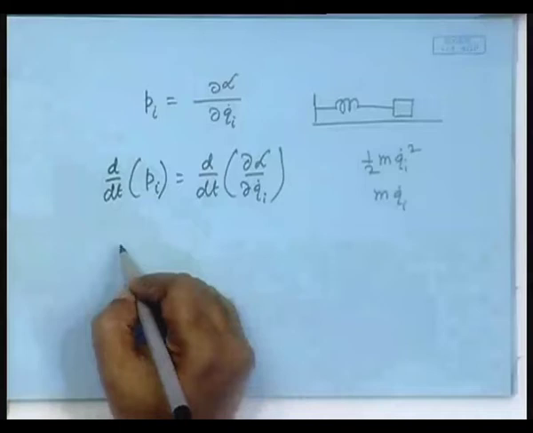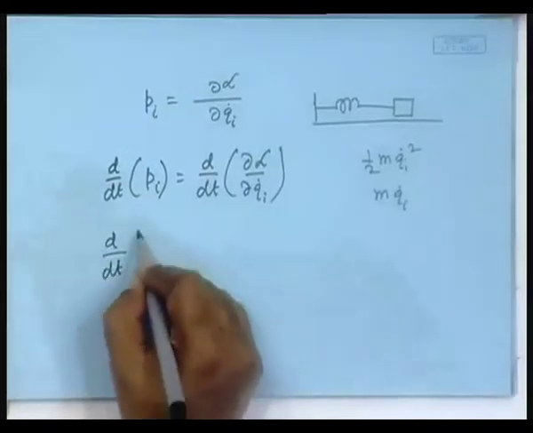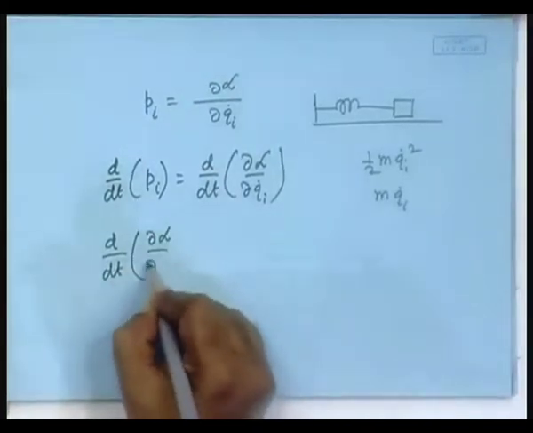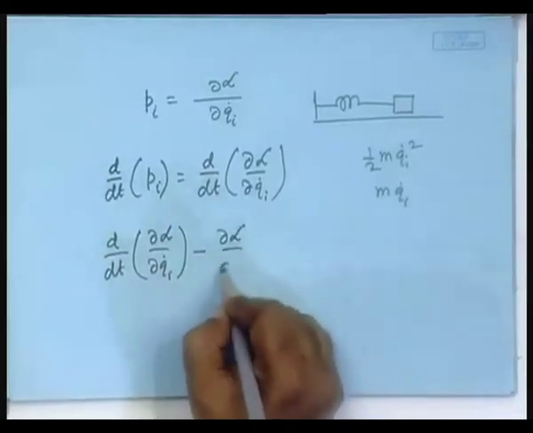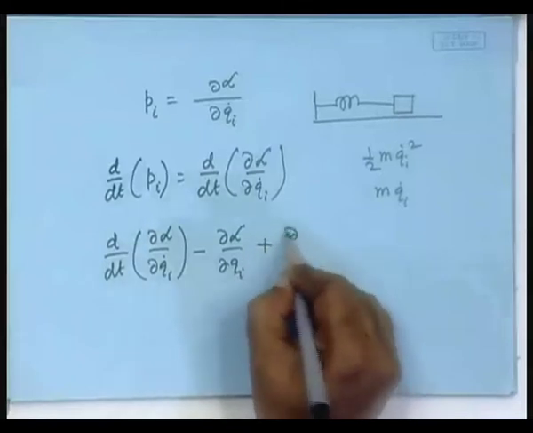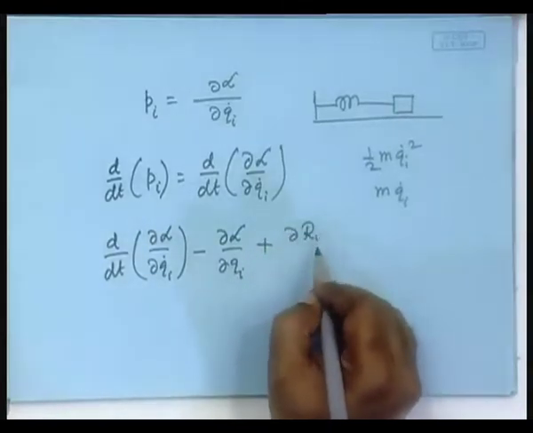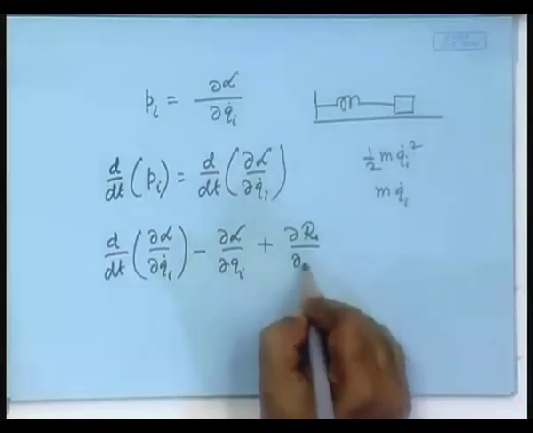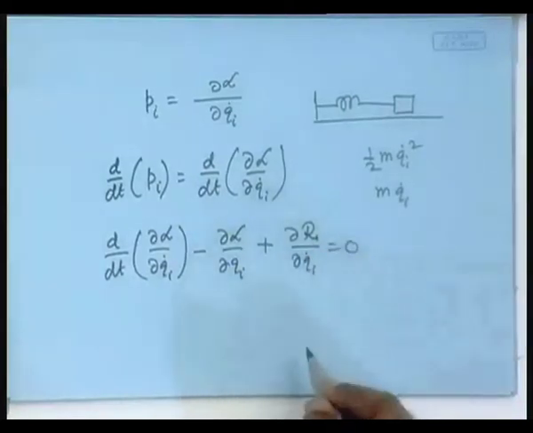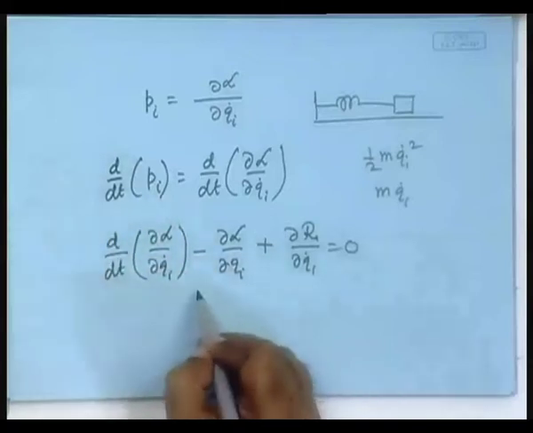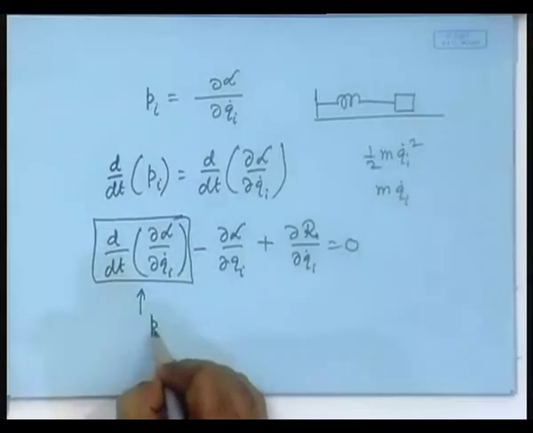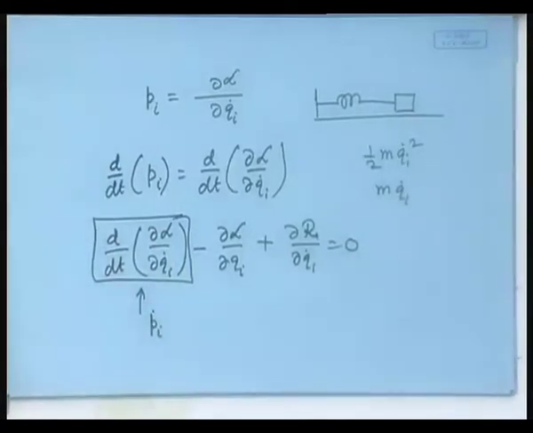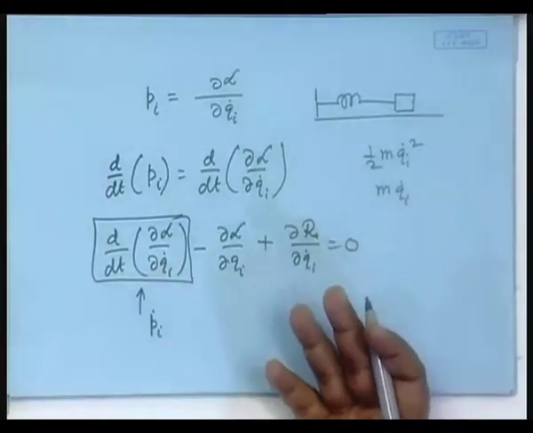So, our equation was as before. Now, notice this term becomes p i dot, so you can directly write the first order differential equations.